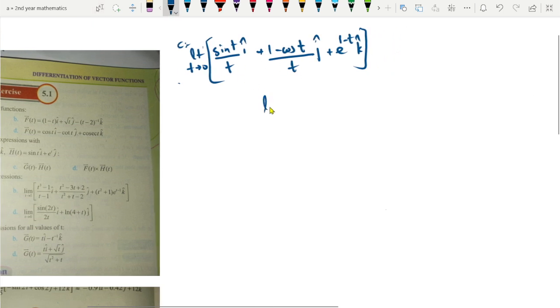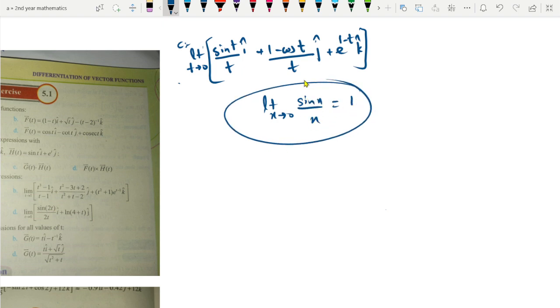We know that the limit as x approaches 0 of sin x over x is equal to 1. So we remember this one. We have to simplify this one by multiplying and dividing by 1 plus cos t.